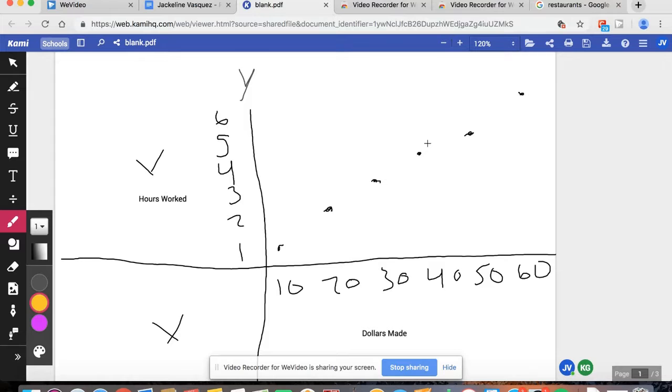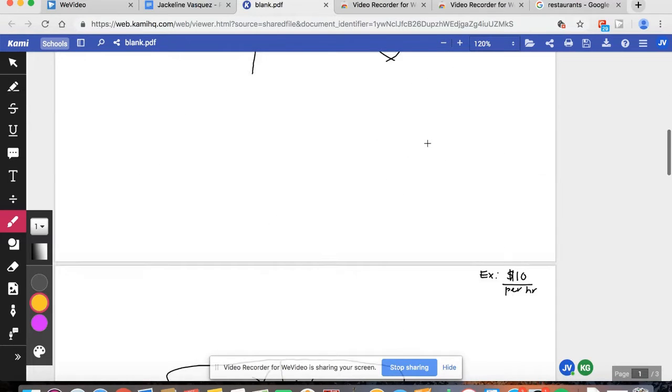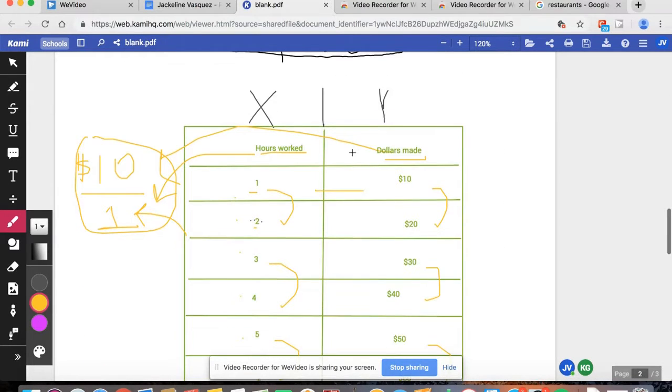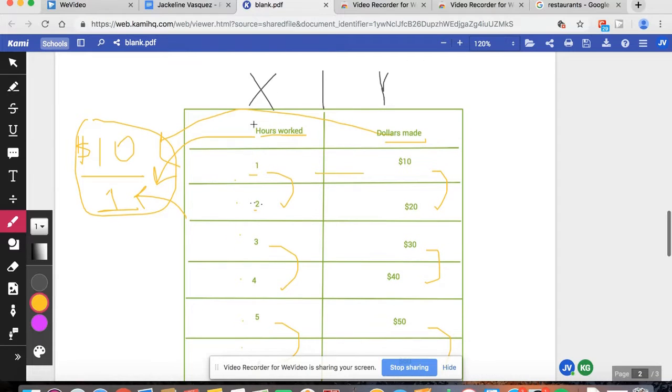Now that we have our graph done and explained, we're going to show you what the table looks like. Now, the table is a similar concept, except it just looks different and is a different way of finding your answer. So the left-hand side here, we have the x variable, which is in this case the hours worked, and then the right-hand side we have the y variable, which is the dollars made.